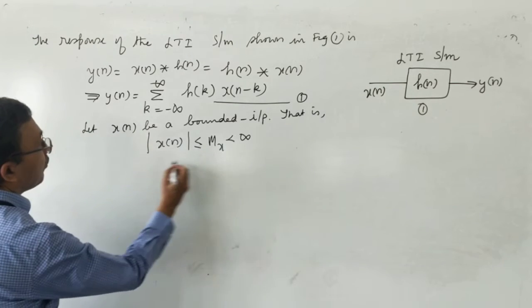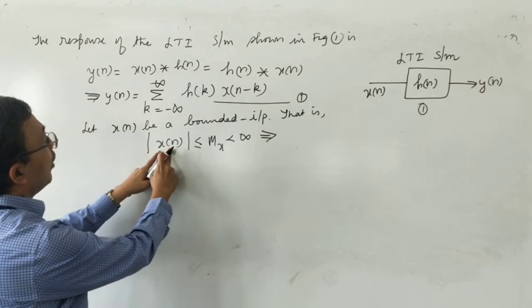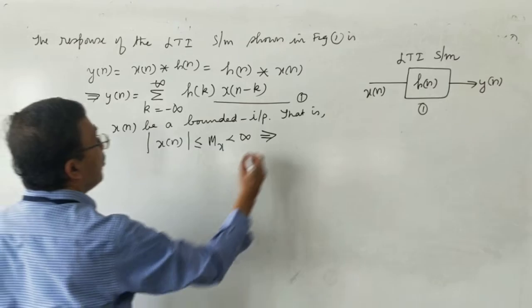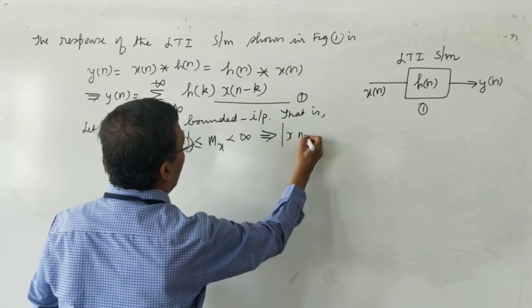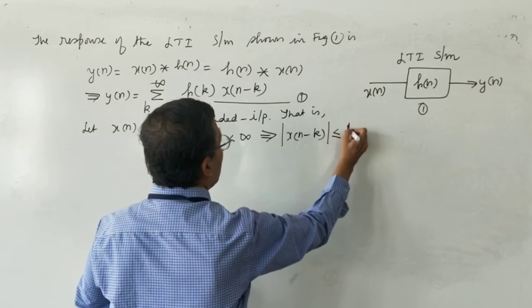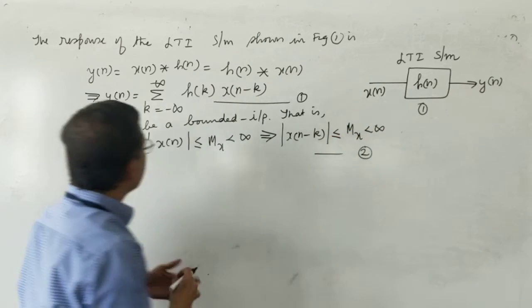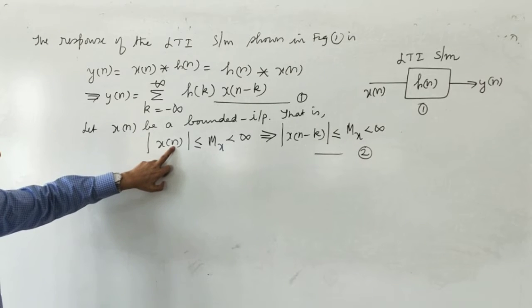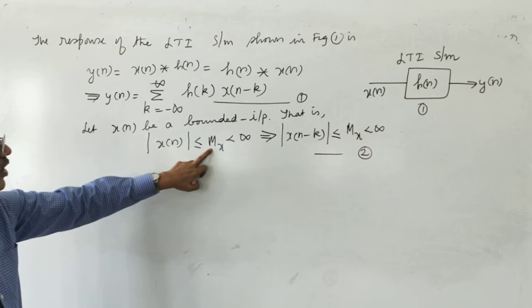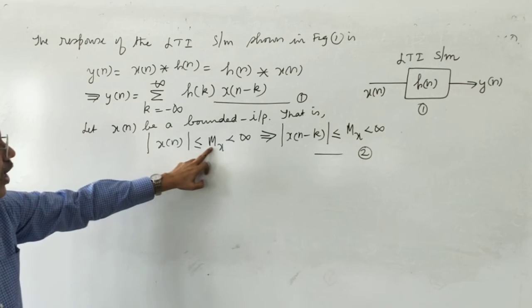This implies, replace n by n minus k because I want x of n minus k here. This implies magnitude of x of n minus k less than or equal to mx, mx less than infinity. What I mean is, if you replace n by n minus k, mx doesn't change. In simple words, if you translate a sequence to right by k units, its amplitude won't change.